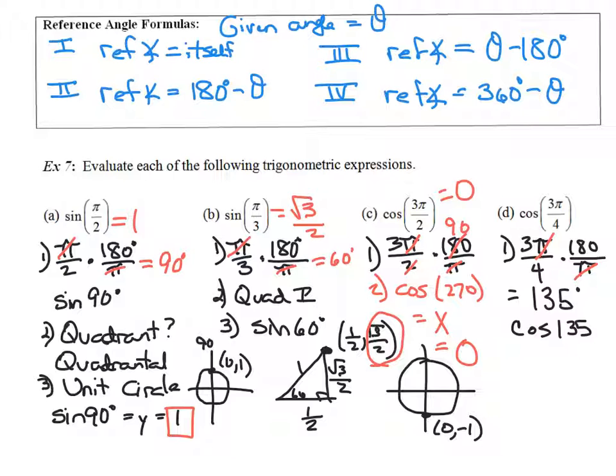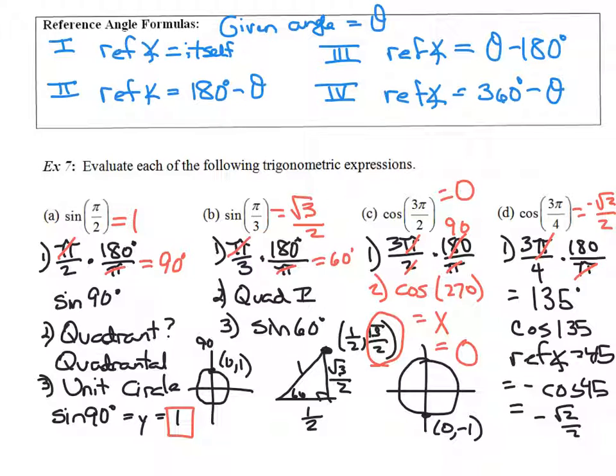I recognize that as having a reference angle of 45. So if the reference angle is equal to 45, this is going to be in quadrant number 2, so I'm going to have the negative answer for the cosine of 45. That's just going to be negative radical 2 over 2. I could have also drawn it on my unit circle.